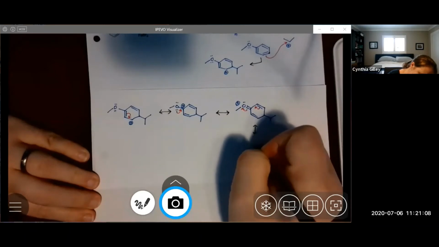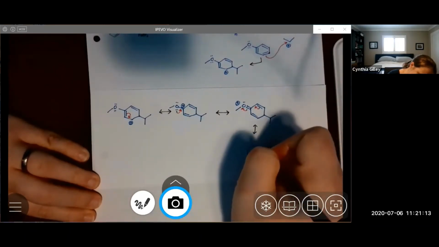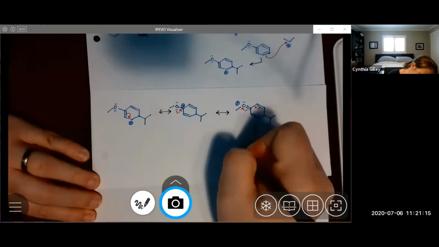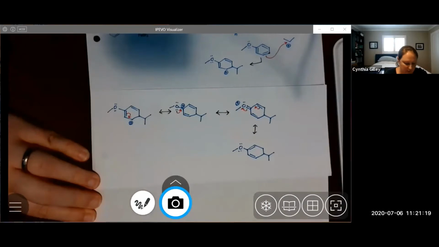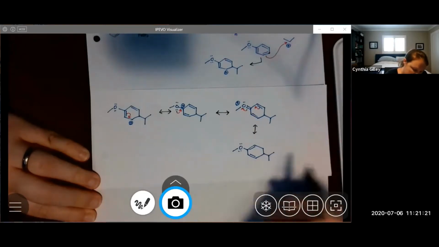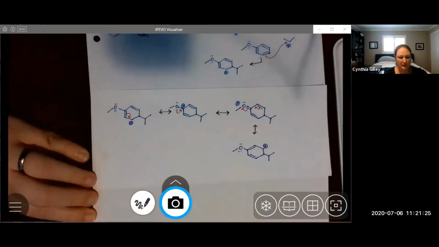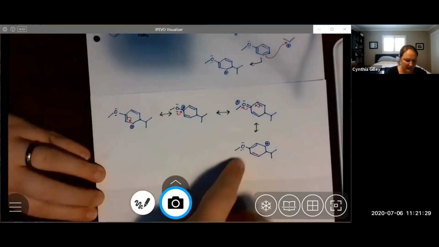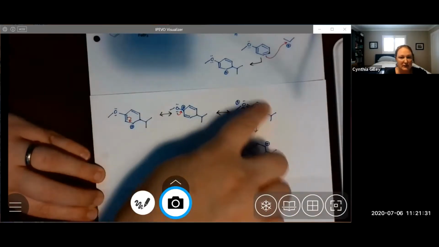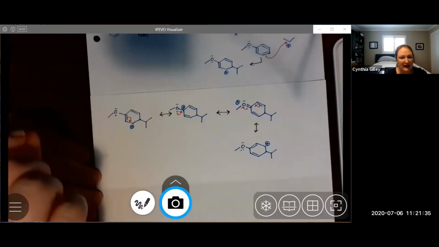So having that oxygen there gives us a fourth contributor, which wouldn't be possible if we had placed this group at a meta position. So this arenium ion is particularly stable because of this resonance contributor, and we can only form it if we do an ortho or para attack.